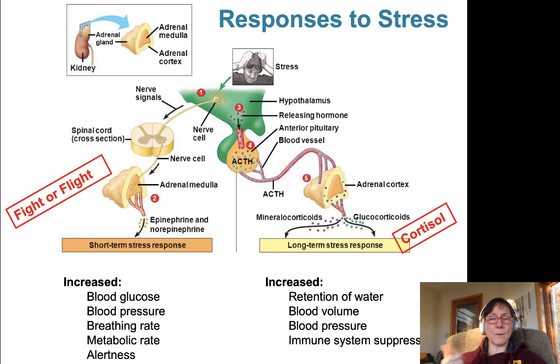It'll lead to increased blood volume and increased blood pressure and a suppression of your immune system, which are really bad impacts of stress. So hence, this is why you should do things like maybe study a little bit each day instead of cramming right before an exam, which can be really stressful if you continue to do it repeatedly, right? A little bit of study each day can help you to avoid that stress. Just saying.